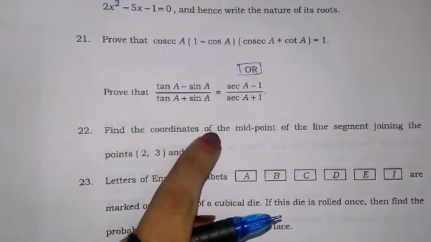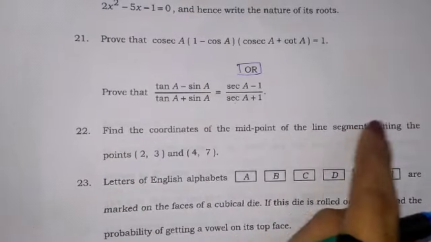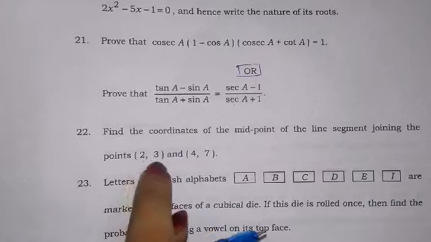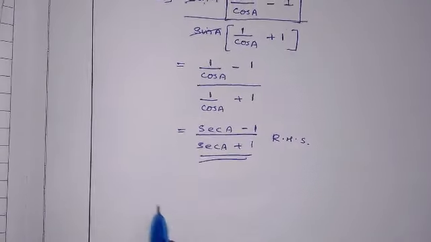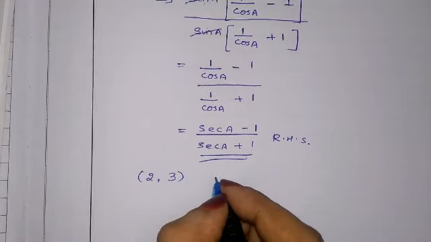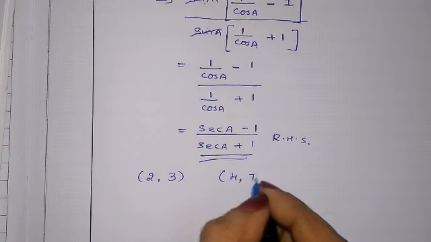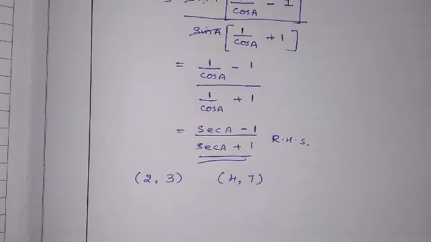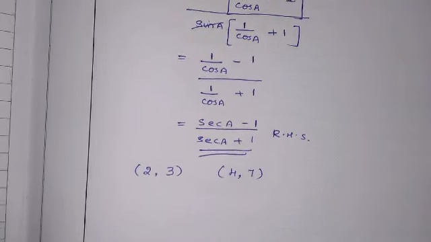Find the coordinates of the midpoint of the line segment joining the points (2, 3) and (4, 7). Okay, the given points are (2, 3) and (4, 7). I have written the given points. They have told find the coordinates of the midpoint.